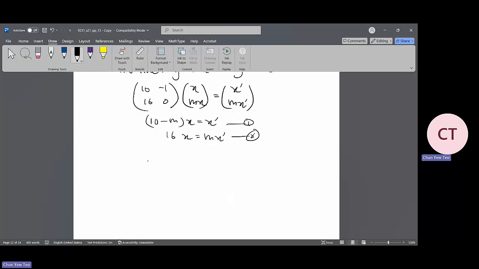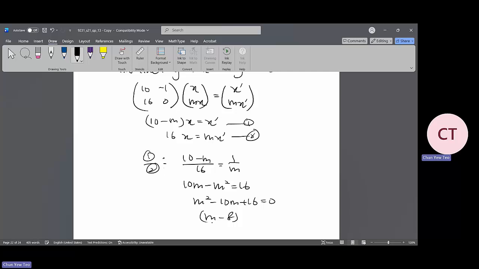Solve them. 1 divide 2. You get 10 minus m divided by 16 is equal to 1 over m. 10m minus m square equal to 16. M square minus 10m plus 16 equal to 0. M minus 8, m minus 2.